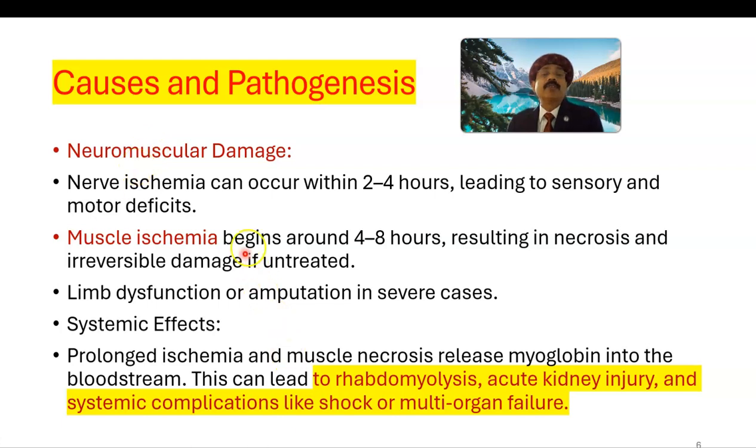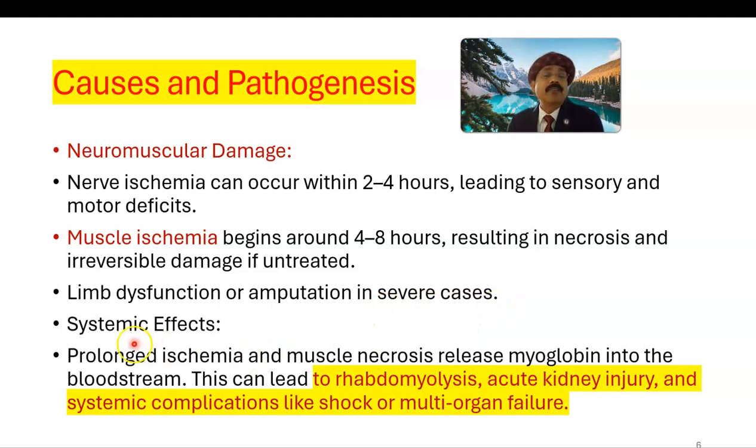Neuromuscular damage: nerve ischemia can occur in 2 to 4 hours, leading to sensory and motor deficits. So action should be taken very quickly. It should not be delayed more than 4 hours. Muscle ischemia begins at 4 to 8 hours, resulting in necrosis and irreversible damage if untreated. The result may be limb dysfunction or amputation, that is, taking out a part of the limb.